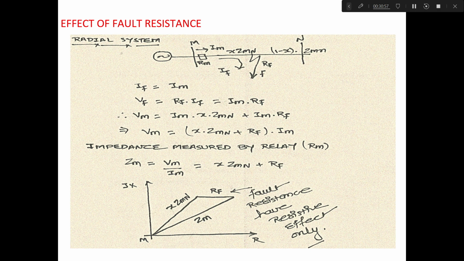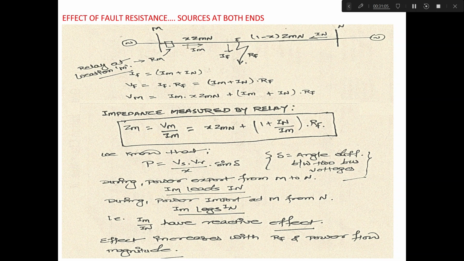But in case of a complex transmission system, a complex grid, all these systems are not radial, but ring connected or mesh networks. So now we are considering the source at both ends, source at M and source at N, and this X Zmn is the impedance up to the fault point. (1 minus X) Zmn is the remaining impedance of the line.